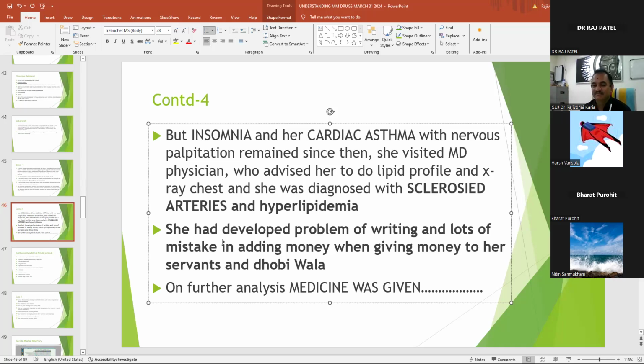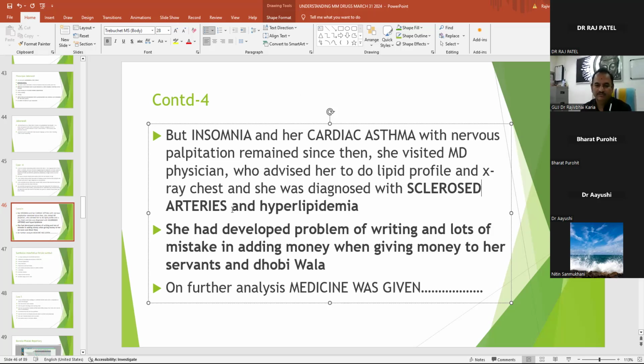What is the remedy? Calcarea fluorica. Calcarea fluorica is the tissue remedy for sclerosed artery. Look in Boericke. Syphilinum. Tissue, no child. Sclerosed artery. Tissue remedy for sclerosed artery. So Calcarea fluorica.